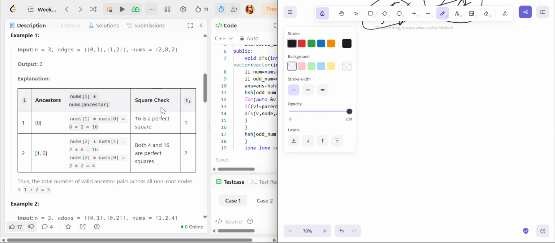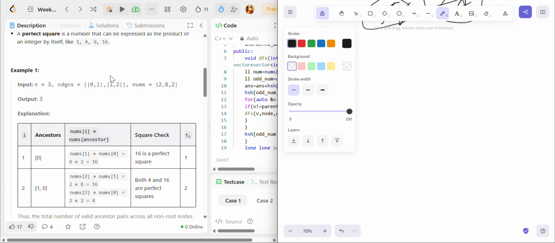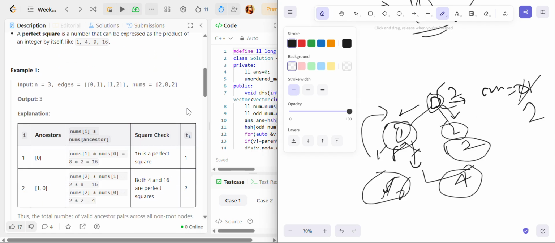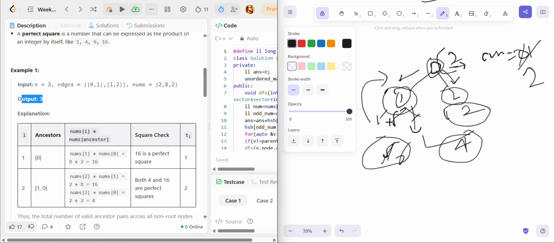Okay, I think you got the answer. We have taken this example now. So the output is 3, with nums 8, 2 and 2.